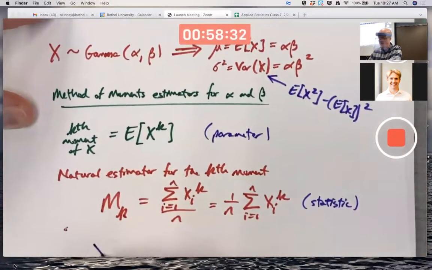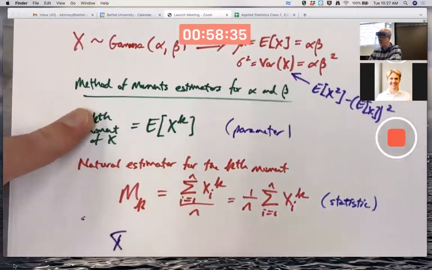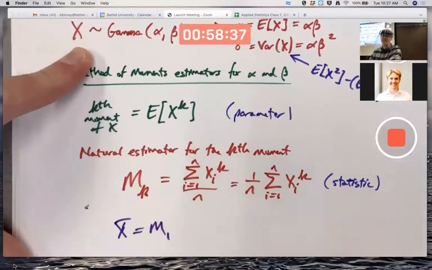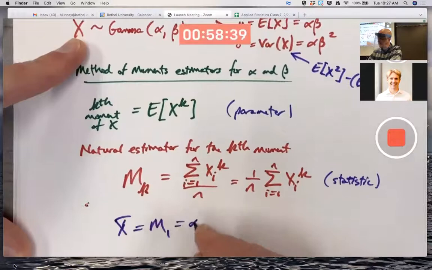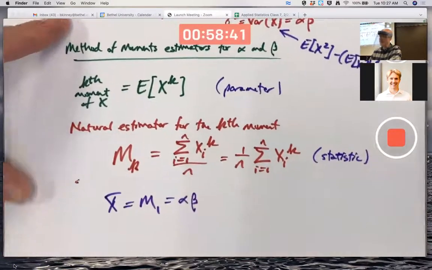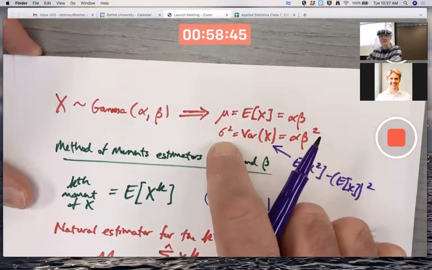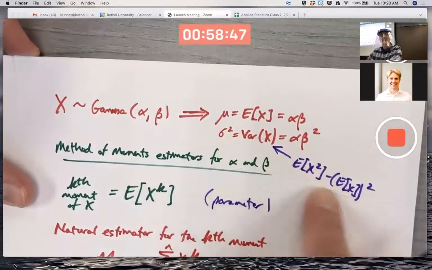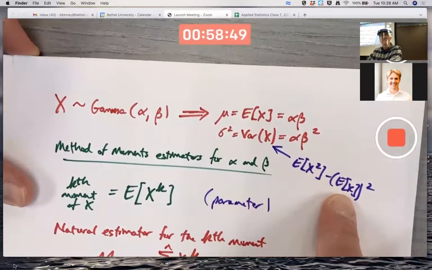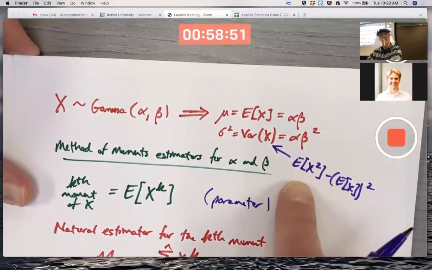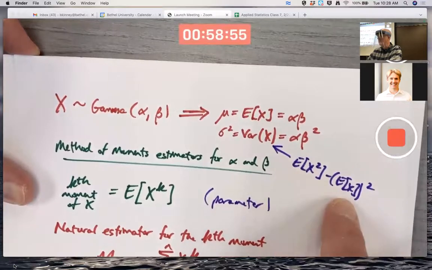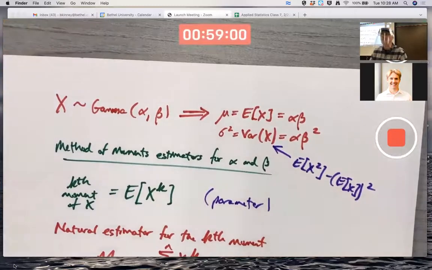Okay, so this first equation, mu gets replaced by M1, which is X bar. I could write in X bar if I wanted to. The book uses M1. Equals alpha times beta. And then replace sigma squared with M2 minus M1 squared. See where I pointed there? Replace E of X squared with M2, minus M1 squared, replace E of X with M1. E of X squared does not equal M2.